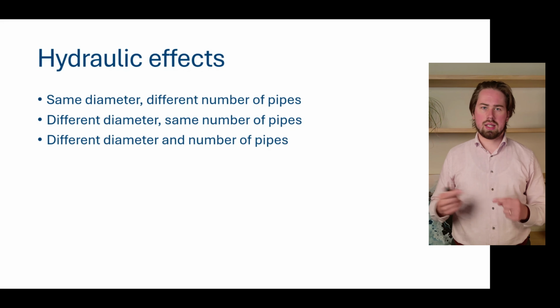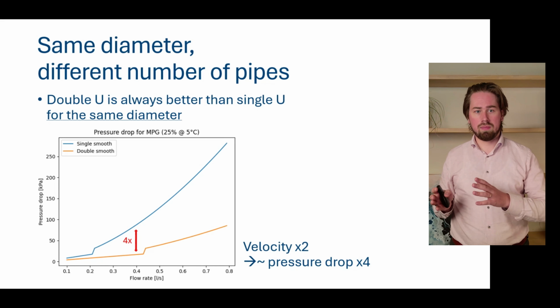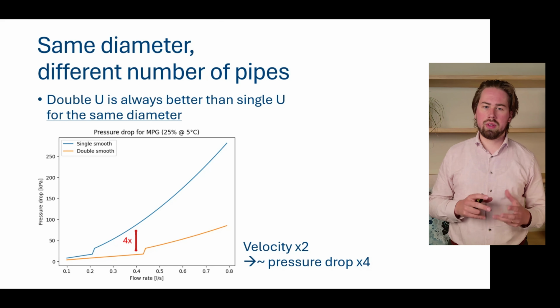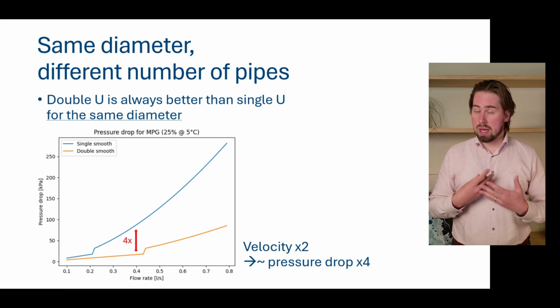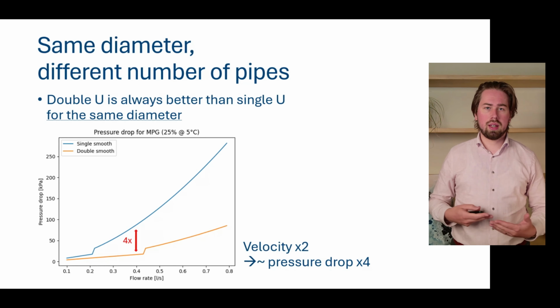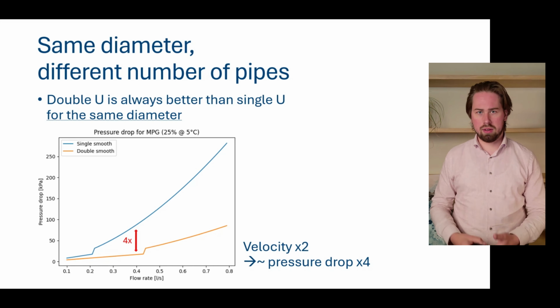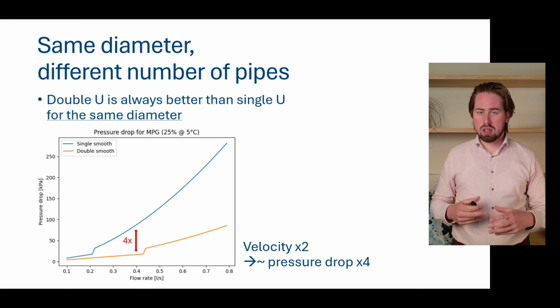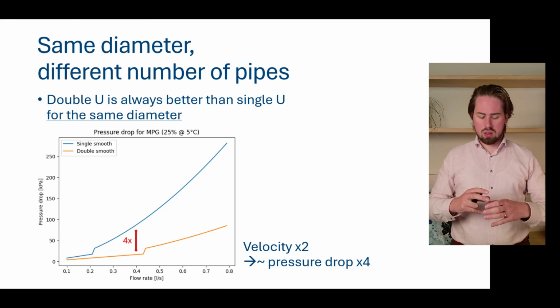Now let's start with the very beginning. If we keep the pipe diameter the same and we change the number of pipes, so in this case from a single DN32 towards a double DN32, we see that from a hydraulic perspective, our double DN32 is always better. And this is simply because we have our flow rate going to our borehole.